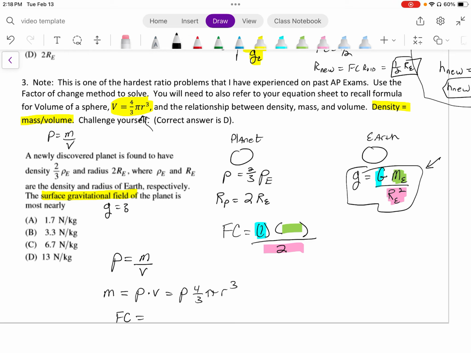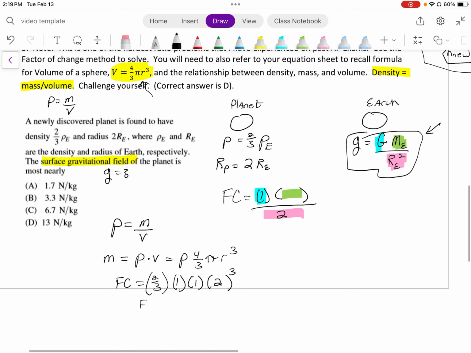Does the density change? Yes, it changes by 2/3. Does 4/3 change? No, that's a number. It's a constant. Does pi change? No, it's constant. Does the radius change? Yes, they told me the radius doubles. I'm going to put a 2 in there. Don't forget to cube it.